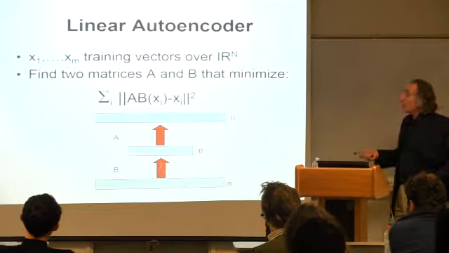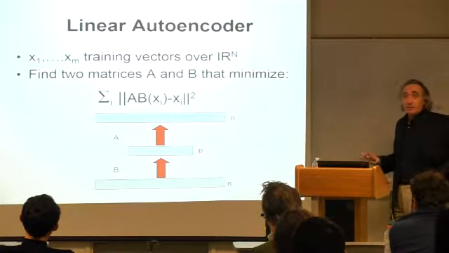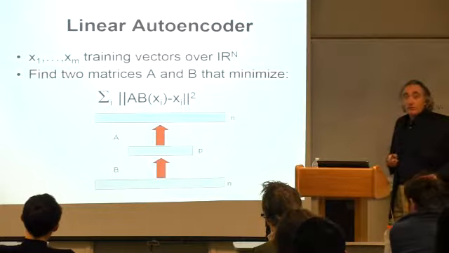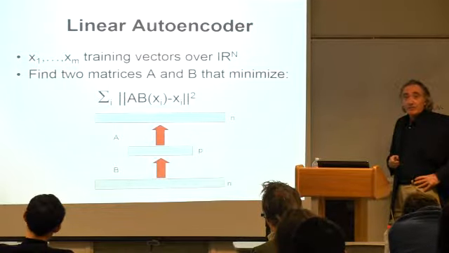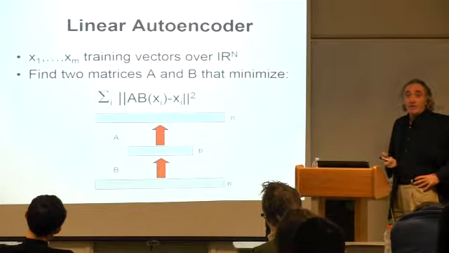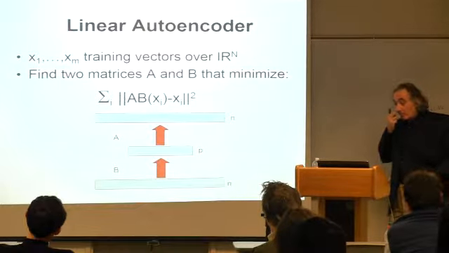Basically, you're trying to find a rank P approximation to the identity function. You may think that this is a convex problem because everything is linear and this is L2 squared, except that the set of matrices of rank P is not a convex set. It's actually a very, very non-convex set. So this is not a convex optimization problem.